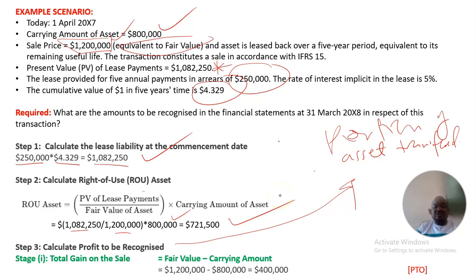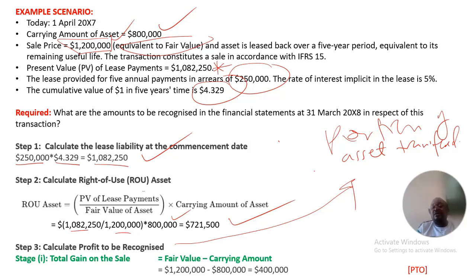Okay, going ahead, ladies and gentlemen, I was saying that for you to compute the total gain on sale, you need to have the fair value of the asset less the carrying amount of that asset. But I've said that in the examination, expect to meet the sale proceeds, the sales value, as well as the fair value.